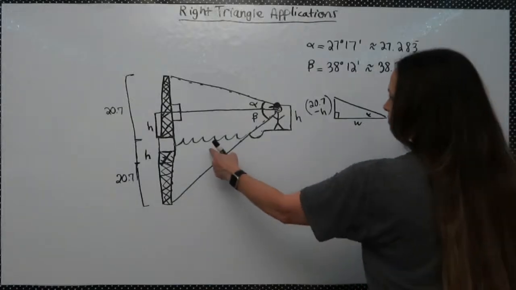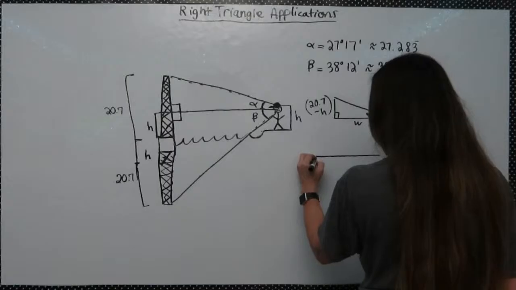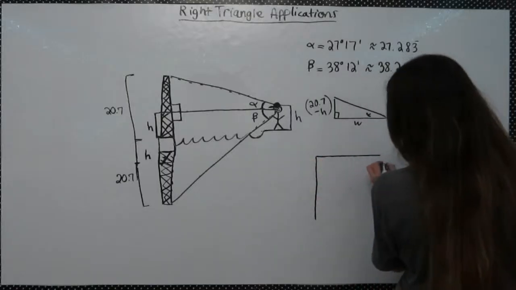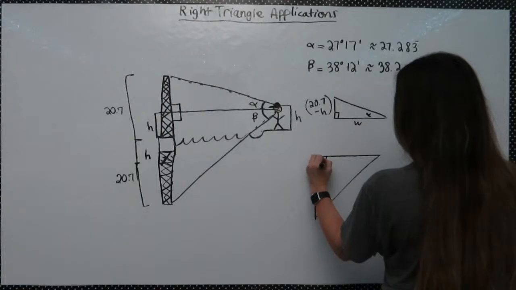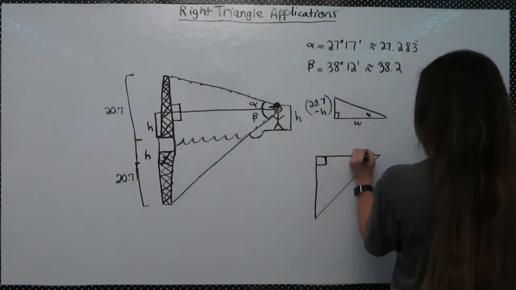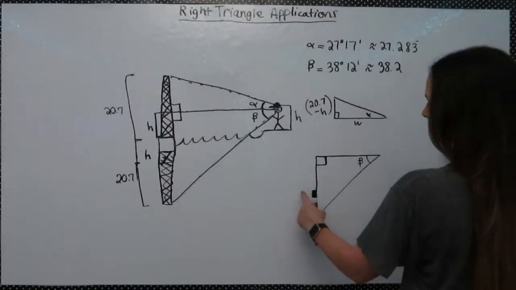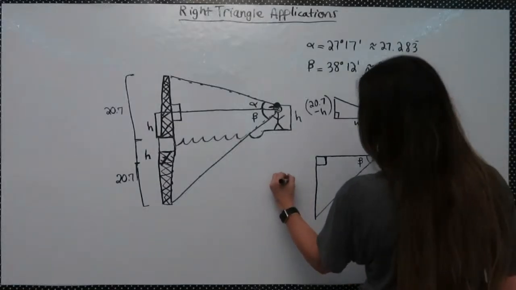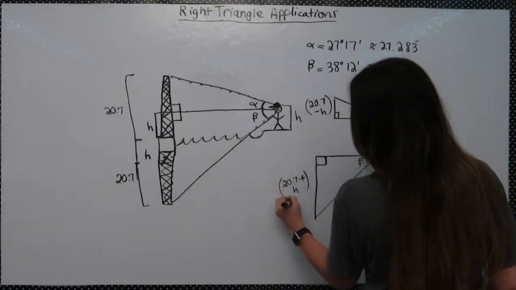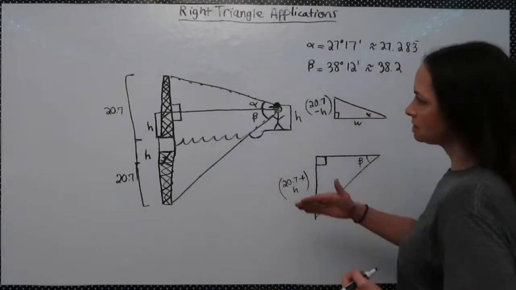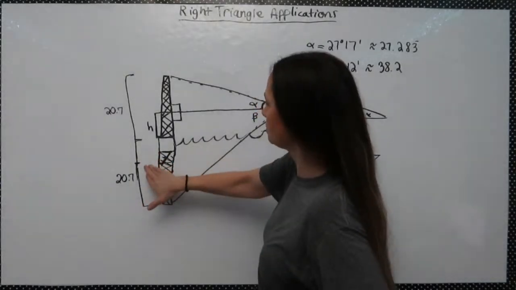And then we have this big triangle down here. Let's sketch it out separately so we can list the values. This is our right angle, and we have this angle beta. And then this distance is going to be 20.7 plus H, because we're taking that, we don't need it twice, just once.